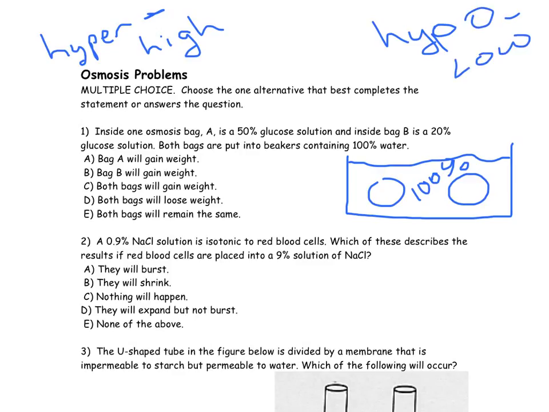Okay, and when we take a look at what's inside, we know that this is 50% here, and this is 20% here, where outside it's 100% water. Here it's 50% water, but 50% solute, and here's 20%. If outside is 100% water, then what percent solute do you have in the water?